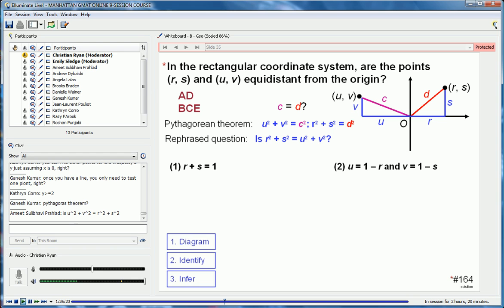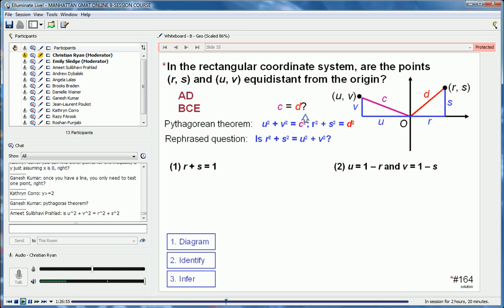I want you to notice, at this point, once we have the question, is r squared plus s squared equal to u squared plus v squared, and we have these things, this is no longer a geometry question. We've done all the geometric translation from reading here, from drawing, from applying the Pythagorean theorem. We then have a purely algebraic question.